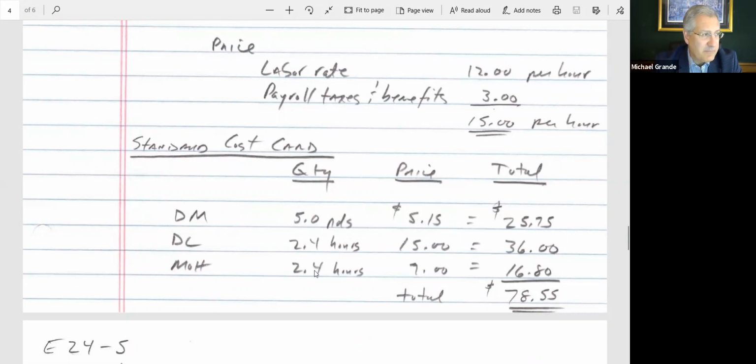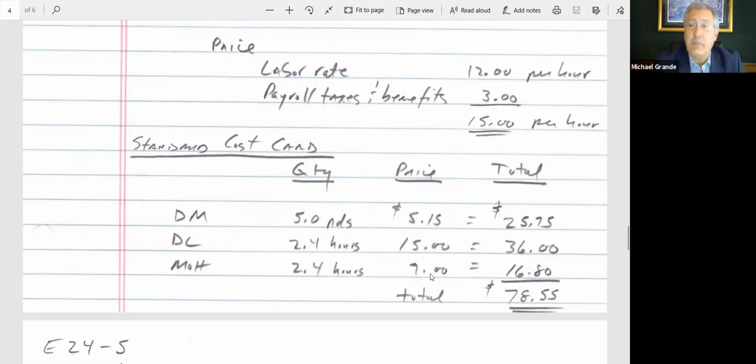Manufacturing overhead. A couple of things I want to say here. The quantity, it said that manufacturing overhead was applied on the basis of direct labor hours, so you can use the same number of direct labor hours, 2.4 hours. And they said that the rate, specifically they said, the overhead is applied at a rate of $7 per direct labor hour. $7 per direct labor hour is the standard price.